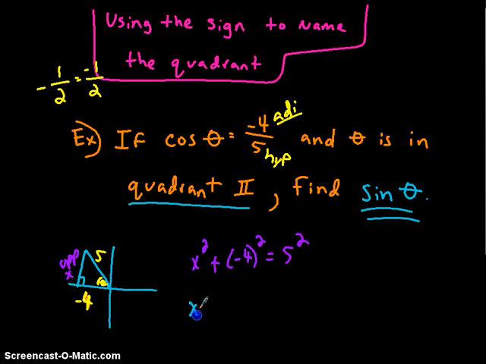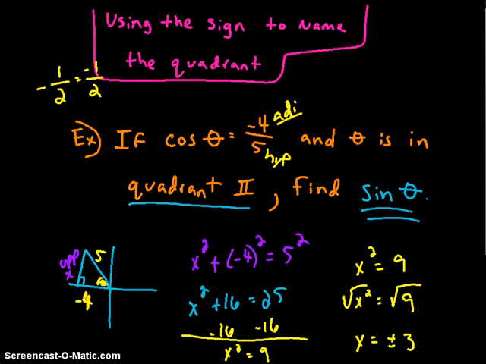So you have x squared plus 16 equals 25. So ultimately x squared equals 9. And after you finish doing the math, you find x equals positive or negative 3. Now this is the thing.